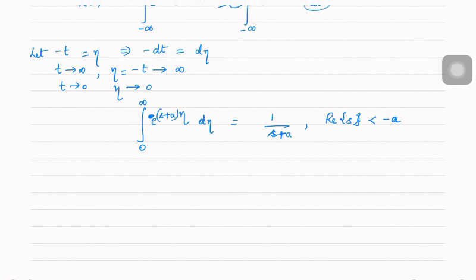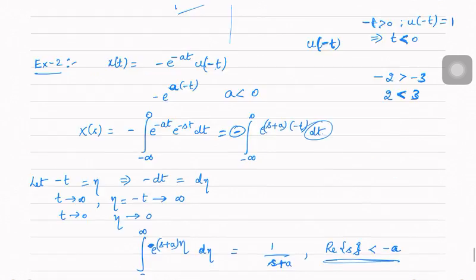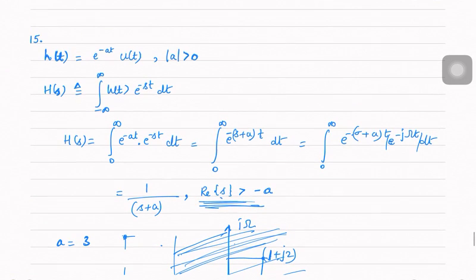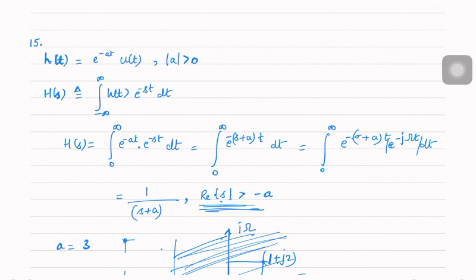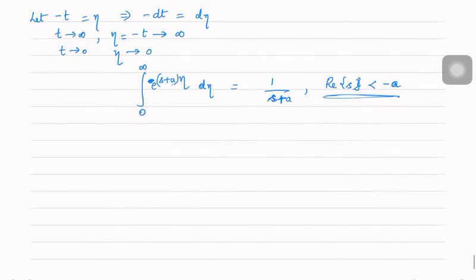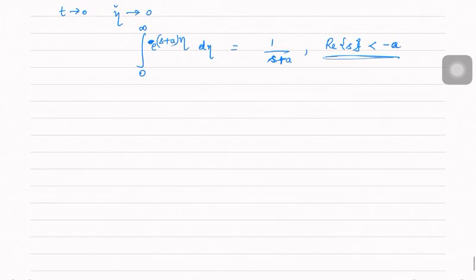You can see that the Laplace transform is the same as in the previous case, even though both signals are different. But they exist in completely different regions. The region of convergence for one signal is different from the region of convergence for the other.